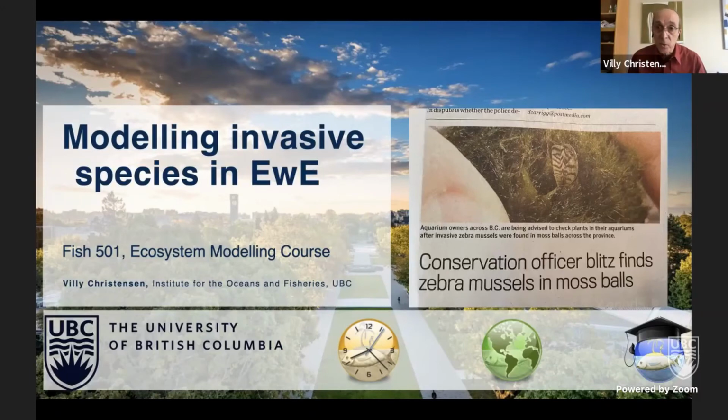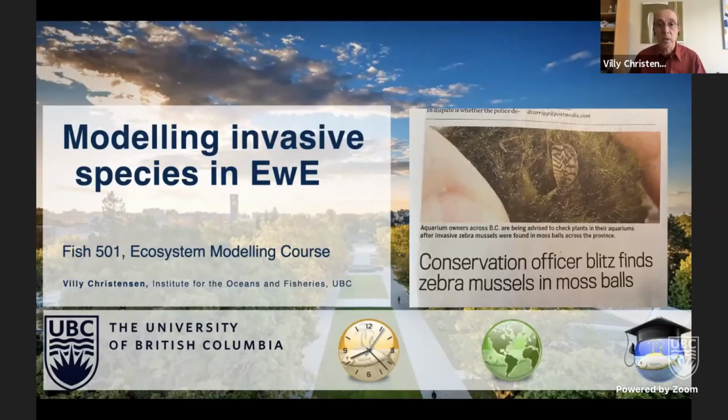And in today's newspaper, there was something similar that happened in Alberta. So the fear was that these moss balls that are being put into people's aquaria may grow too much, and people might dump them into a watershed, and that spells disaster.